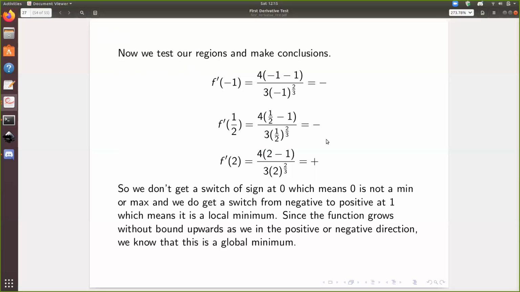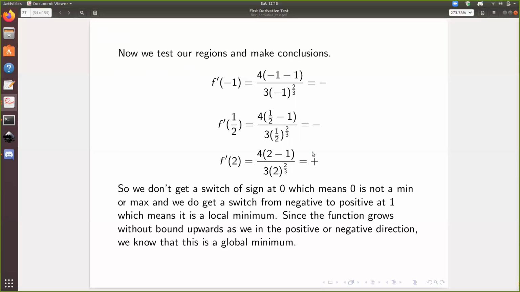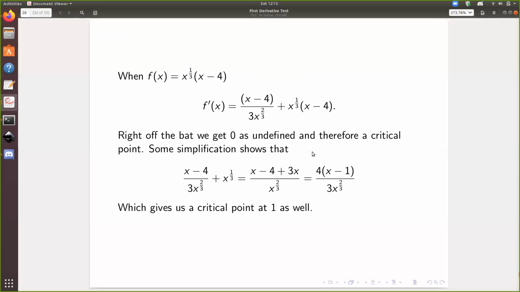Oh, we also need to make conclusions about what's global. So let's think about our local min here at 1. And let's look back at our original function. Plug in really big positive values.